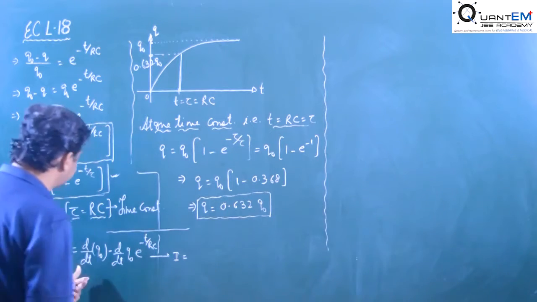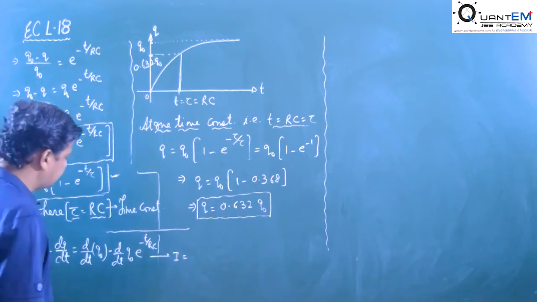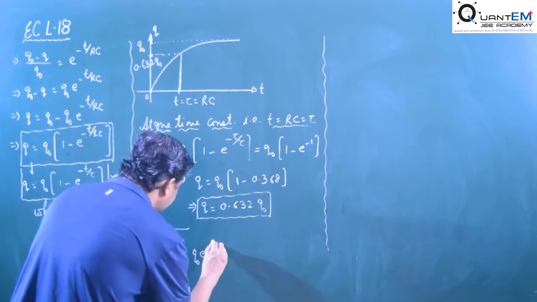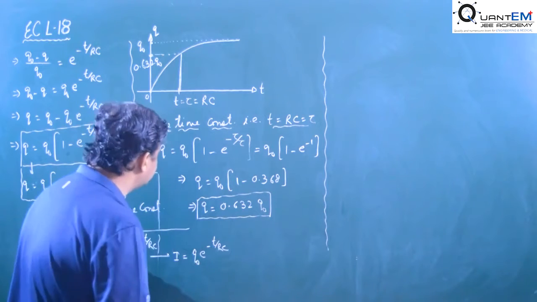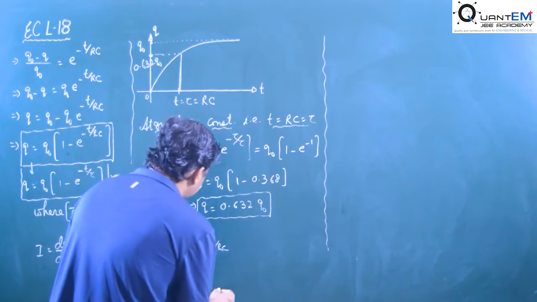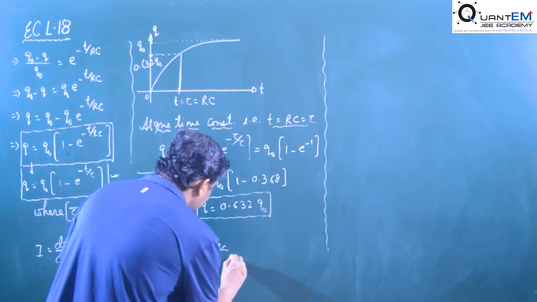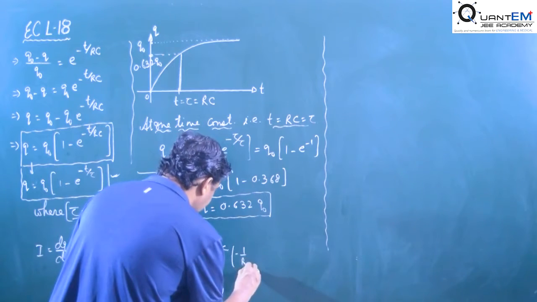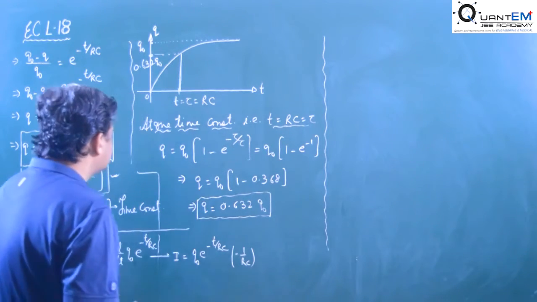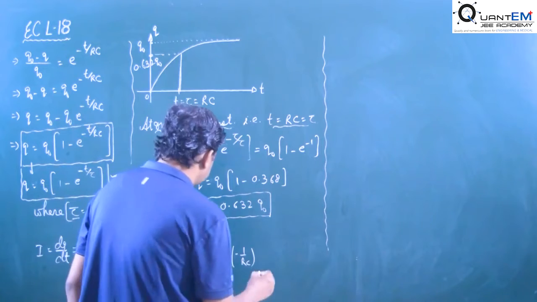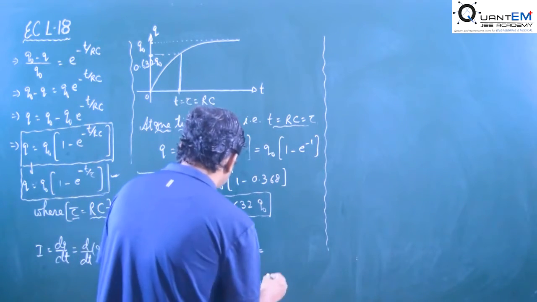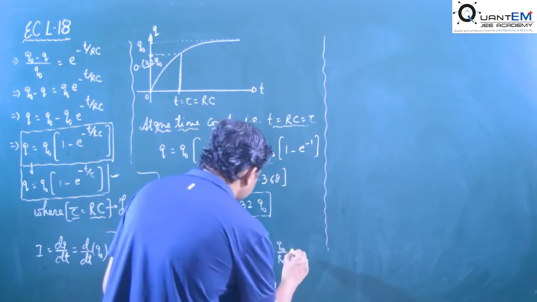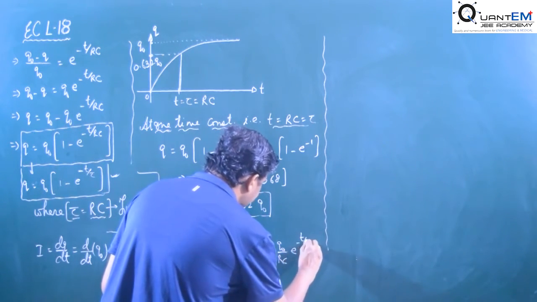The result becomes I is equal to, this differential value is 0. Now we have Q naught e to the power minus t by RC, and again we differentiate: d by dt of minus t by RC is simply minus 1 by RC. Then the result we have is minus Q naught by RC e to the power minus t by RC.